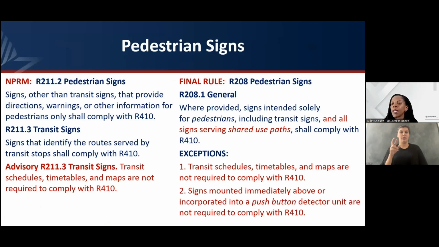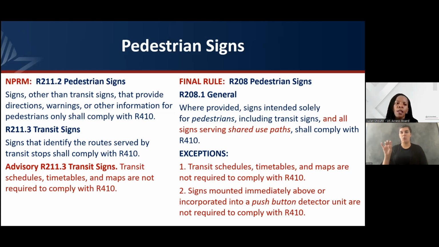So in the NPRM, we had advisory language that is now in an exception in a provision in the final rule. In the NPRM at 211.2 pedestrian signs, we required that signs other than transit signs that provide directions, warning, or other information for pedestrians only shall comply with R410. We also had a provision for transit signs at 211.3, stating that signs that identify routes served by transit stops shall comply with R410.